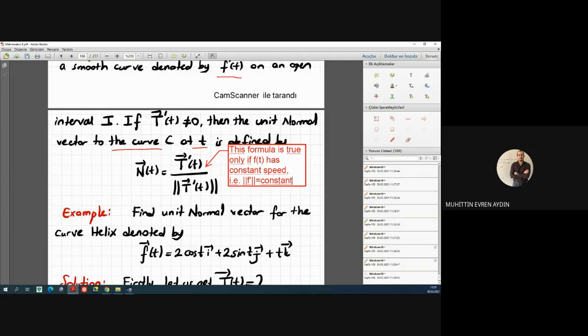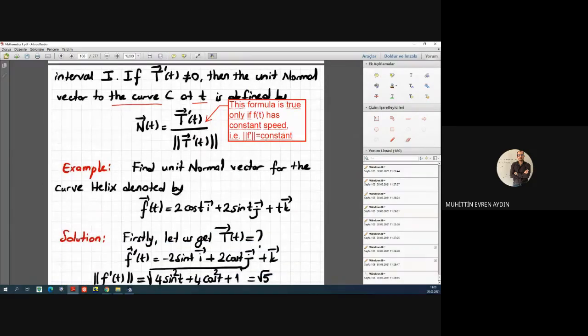In this case, yes, this is the unit normal of the curve C. Otherwise, namely, if its speed is a function, then this formula doesn't hold.